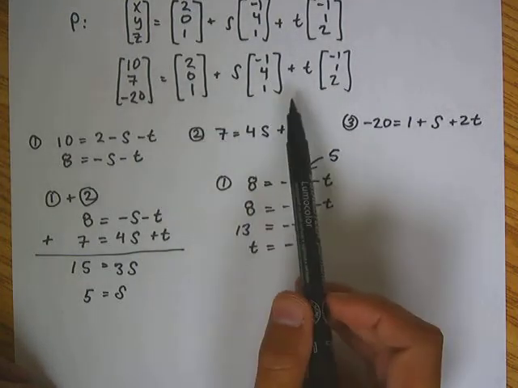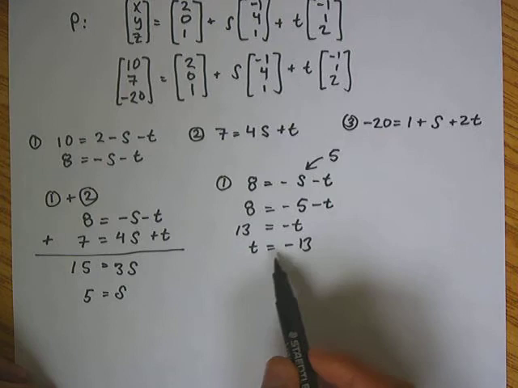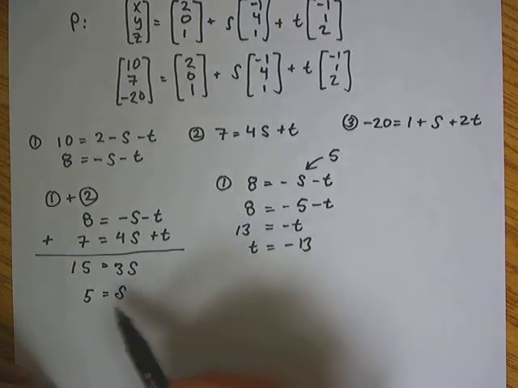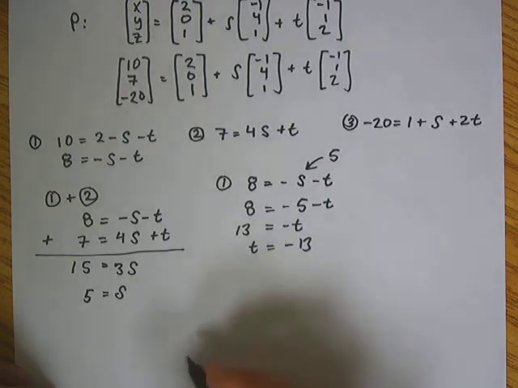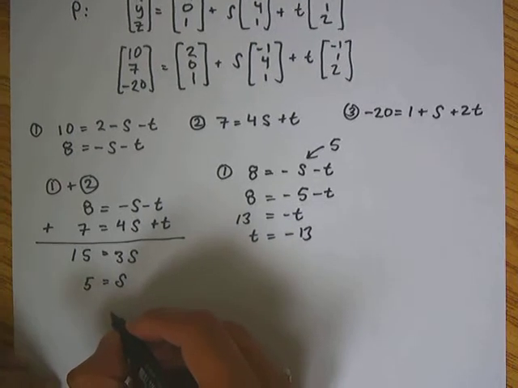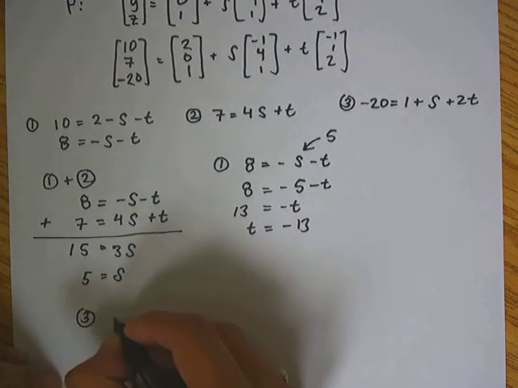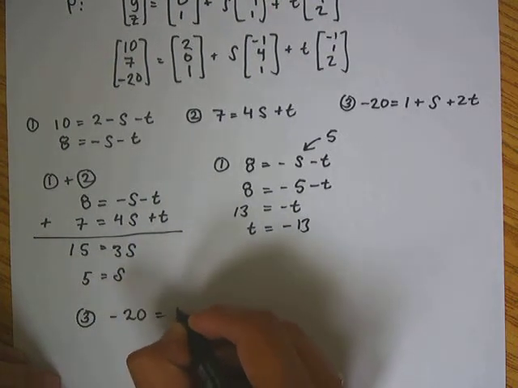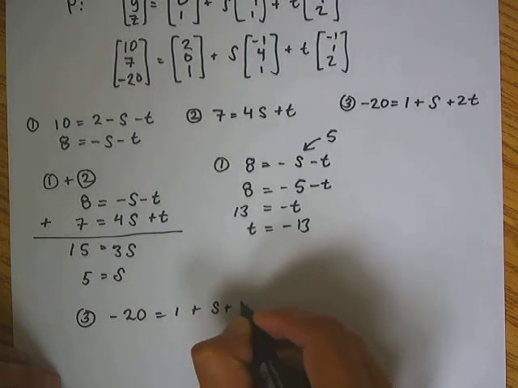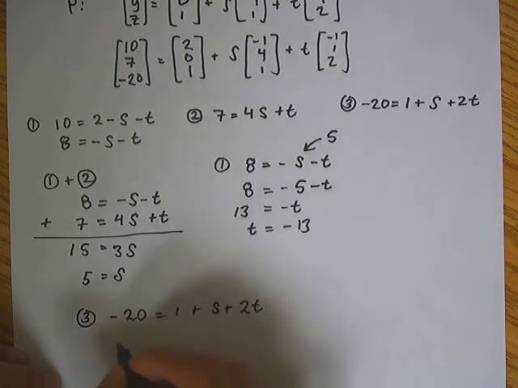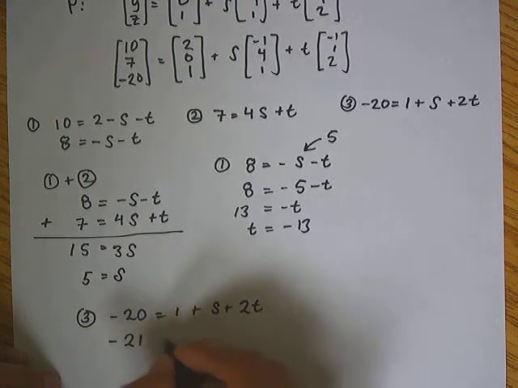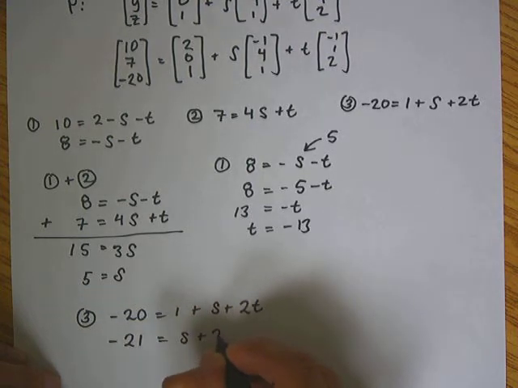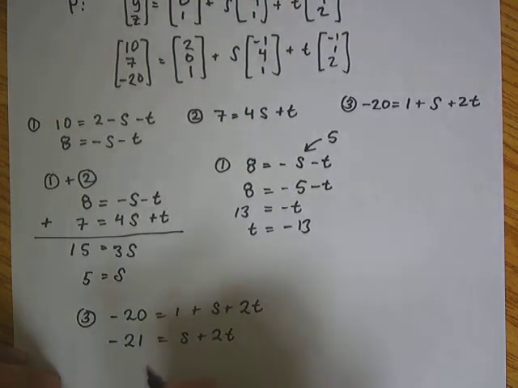Now in order to show whether or not this point is in this plane, we're going to see if these two values, this value of t and this value of s, satisfy the third equation. So let's write our third equation down. Negative 20 equals 1 plus s plus 2t, or negative 21 equals s plus 2t.